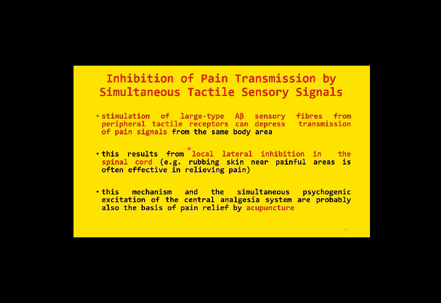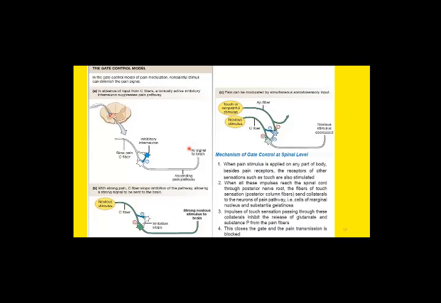So if tactile receptors are stimulated, the pain signals are inhibited. So simultaneous stimulation of these two receptors causes inhibition of pain. And this is known as the pain modulation theory or the gate control theory.